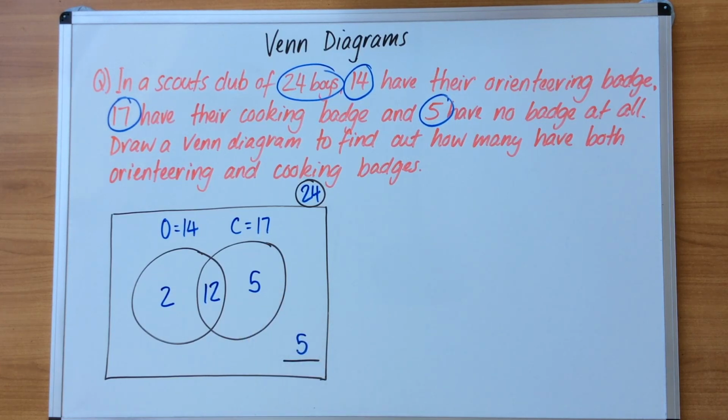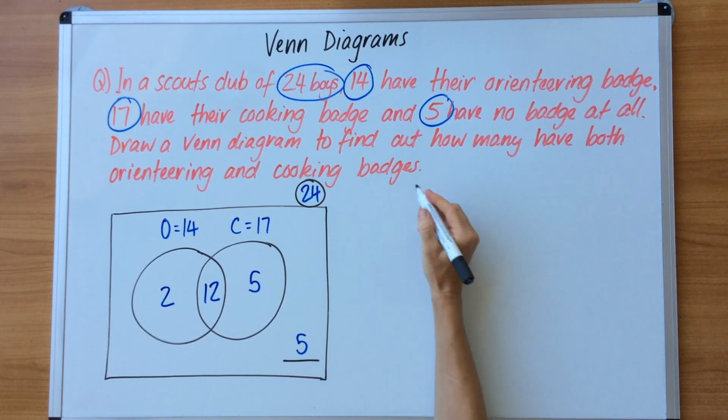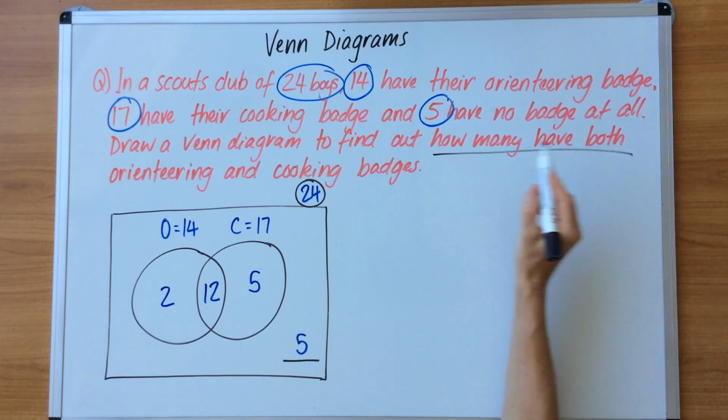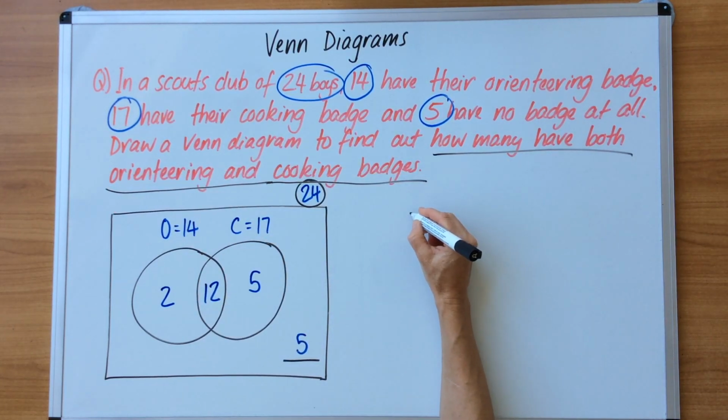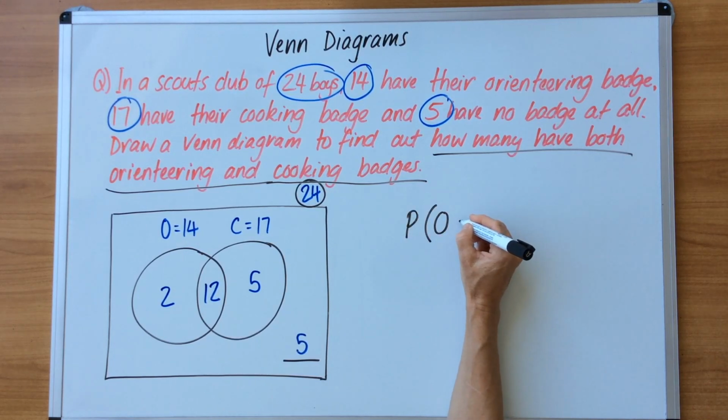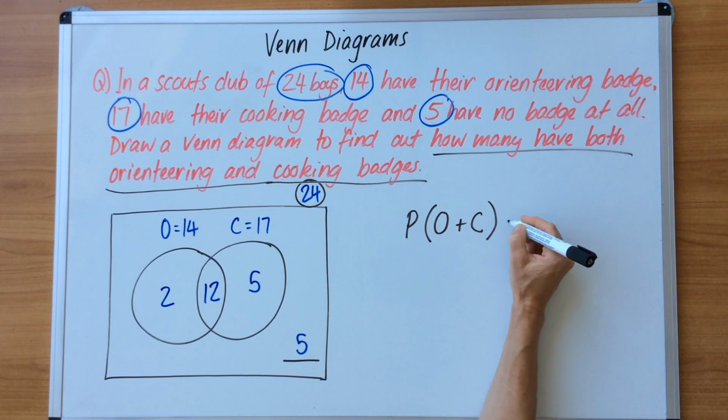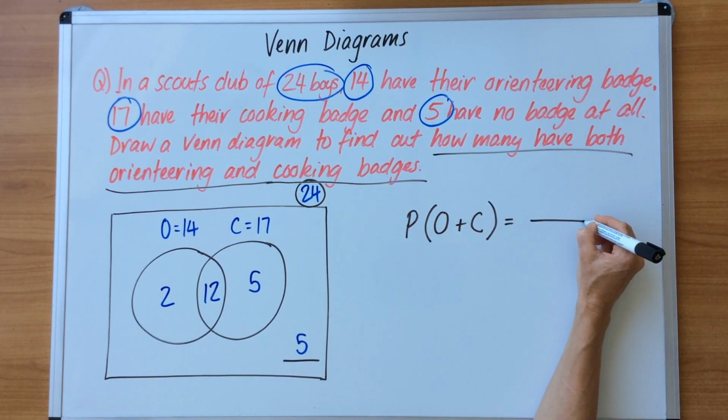If we take that information and we have a question, as we do here, that says how many have both orienteering and cooking badges, it's a probability question, so P bracket orienteering plus cooking badge, close the brackets, fraction line.